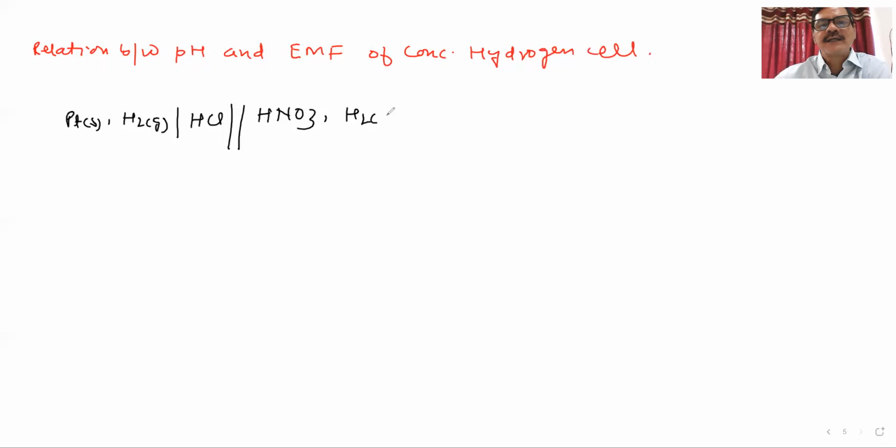This is H2 gas, this is platinum electrode. So if the concentration of HCl here is suppose C1 and the concentration of HNO3 is C2.